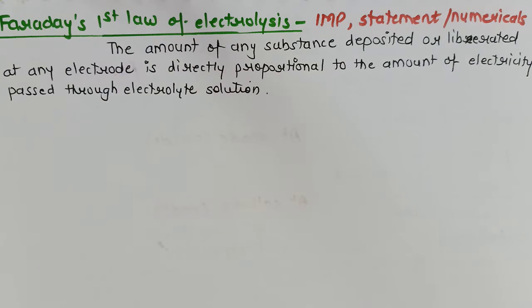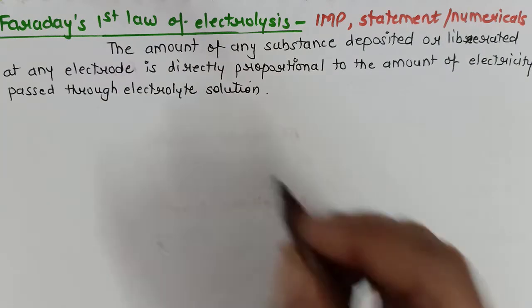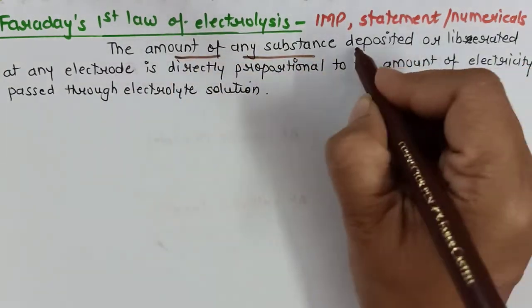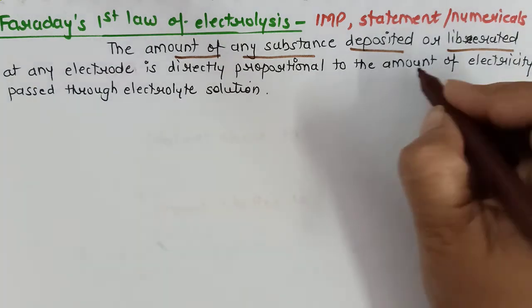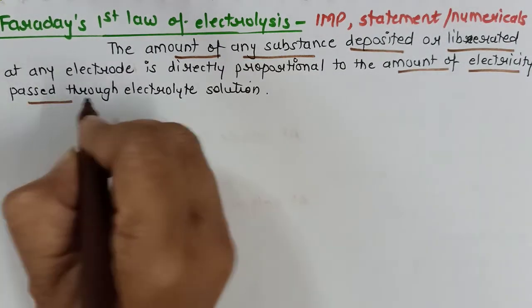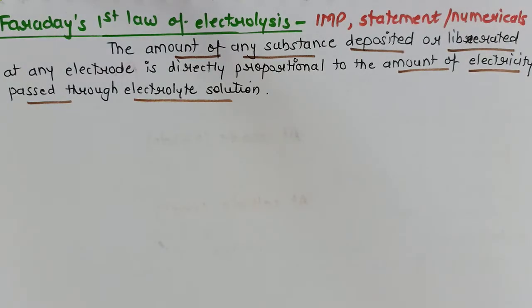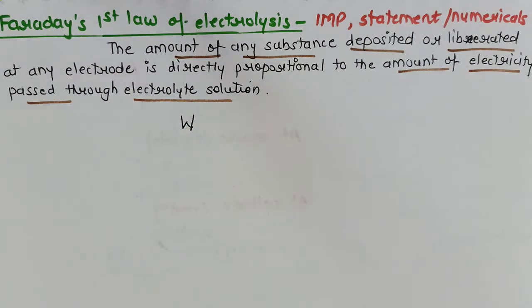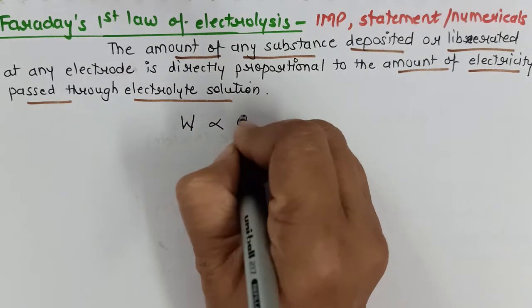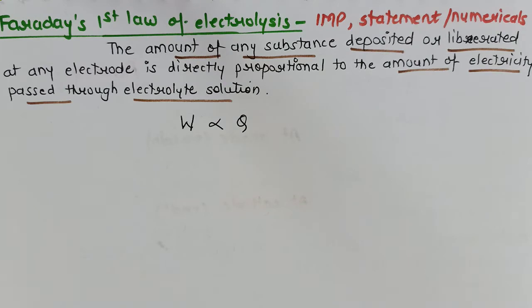So, what is Faraday's first law? Faraday's first law gives us the relationship between the amount of substance that is deposited, or we can say liberated if it is in the form of gas, and the amount of electricity that is passed through the electrolytic solution. So what does it say? Whatever the amount of substance deposited or liberated is directly proportional to the amount of electricity passed through the electrolytic solution.